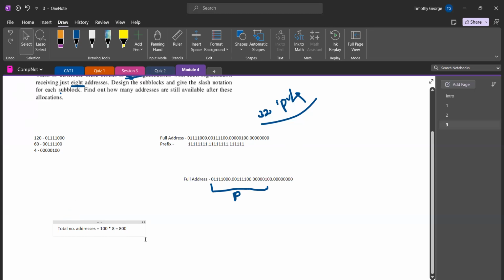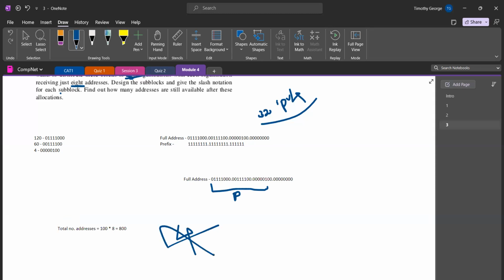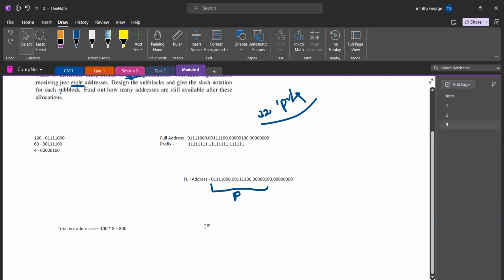We have 800 addresses. Now, how many bits do we need? For hex you would do 4, but here, instead, we have to do 2. So how many will be enough?